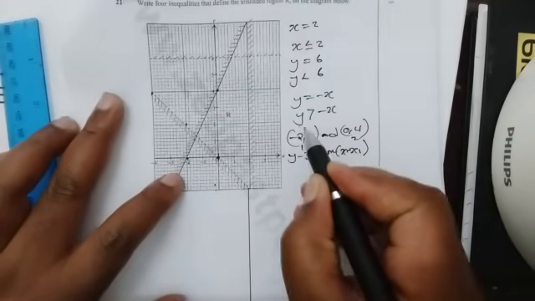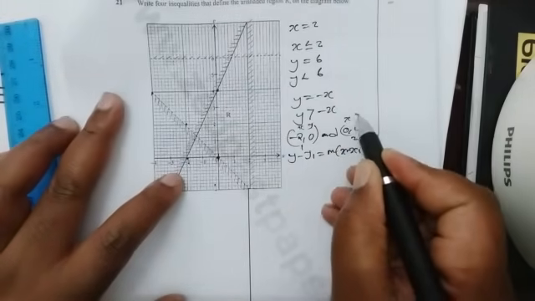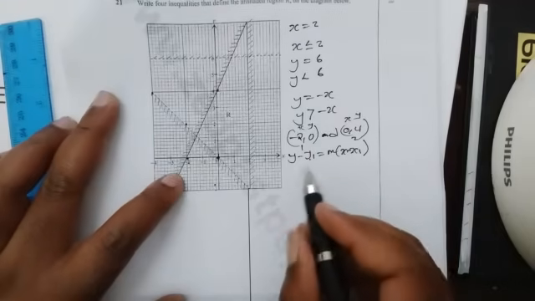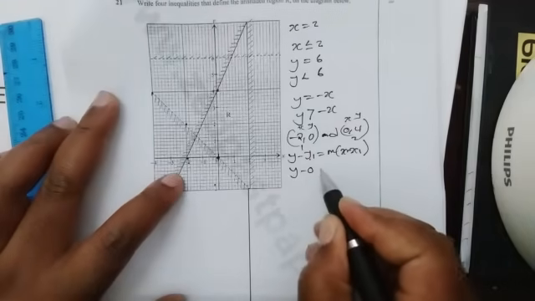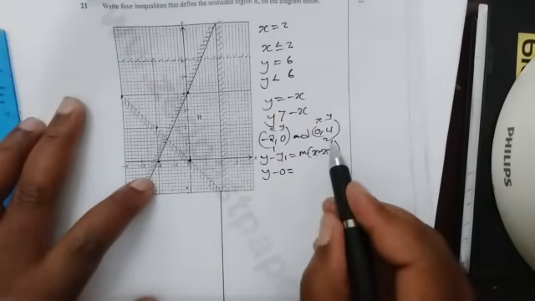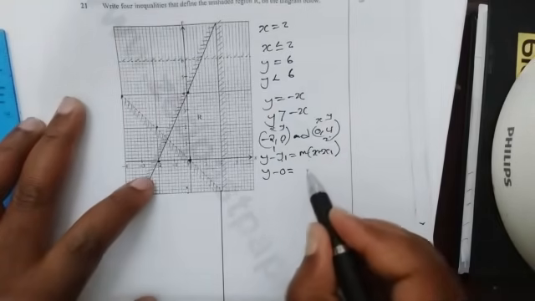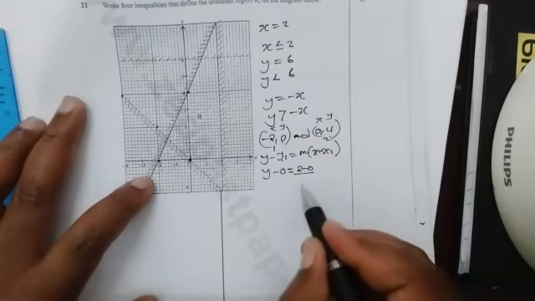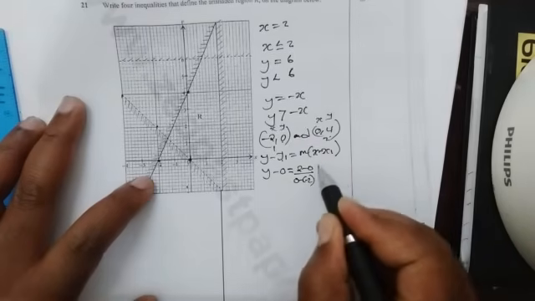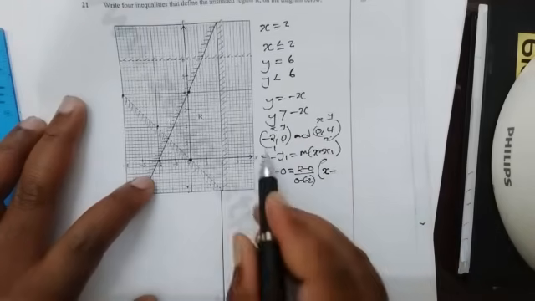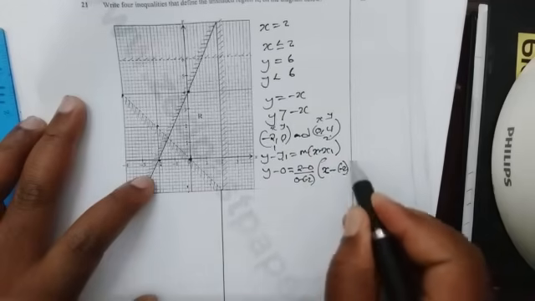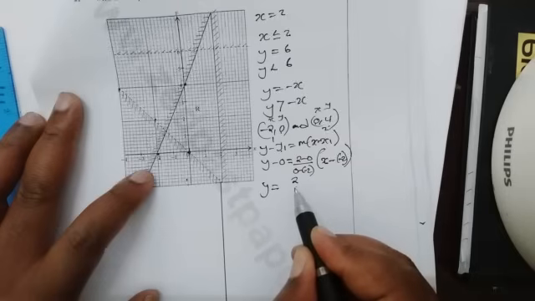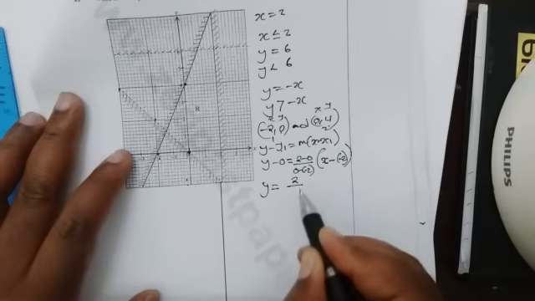This is x, y, x, y. What is our y1? Our y1 will be 0, so y minus 0 is equal to, what is the gradient? y2 minus y1, so 4 minus 0, divided by x2 minus x1, 0 minus negative 2. x minus, what is our x1? Negative 2. We close.